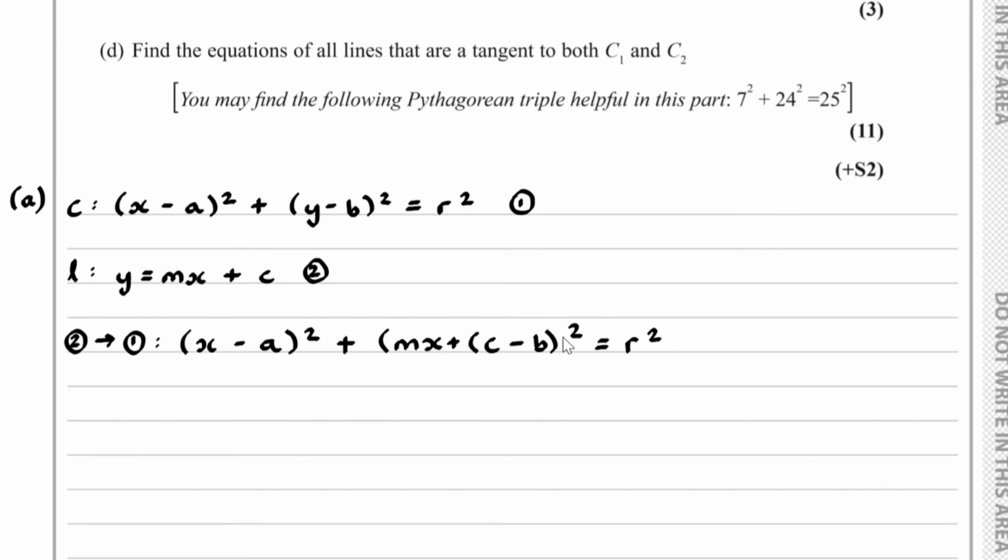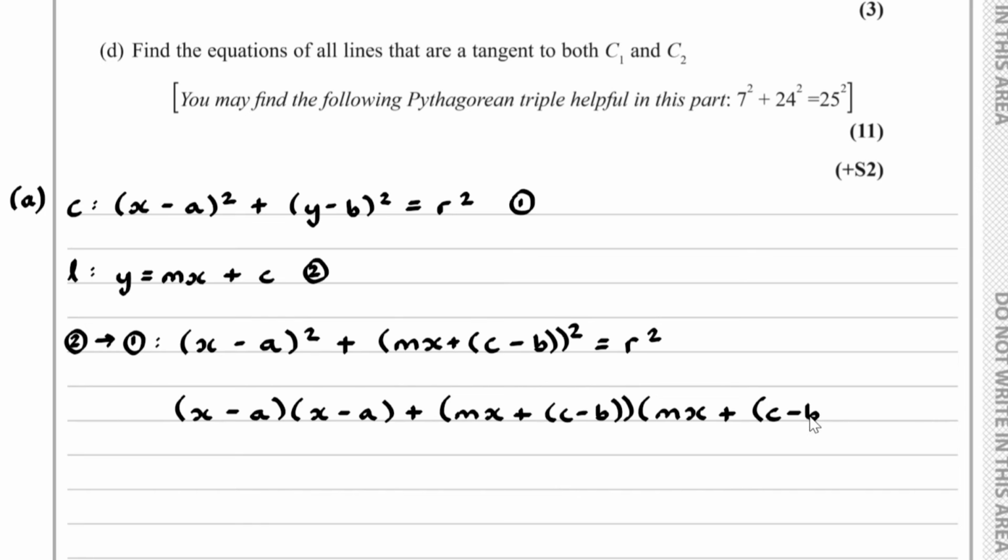It makes the arithmetic easier to work out when we expand. So if we expand out, we have x minus a multiplied by x minus a plus mx plus c minus b multiplied by mx plus c minus b equals r squared.